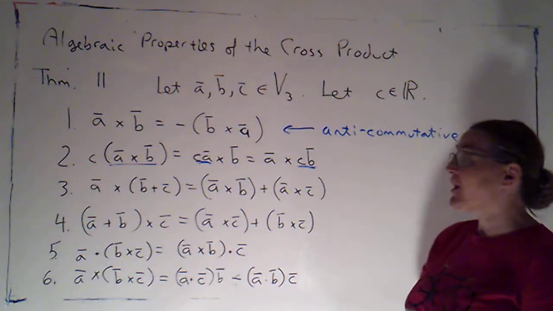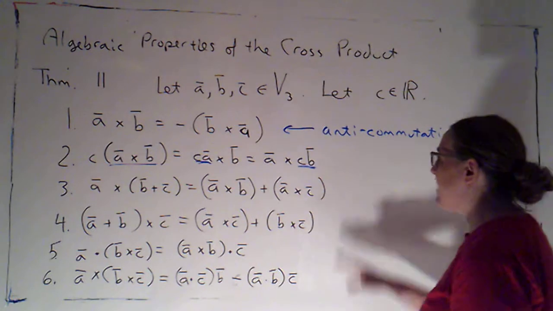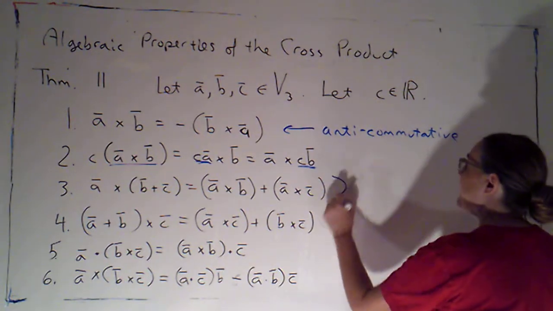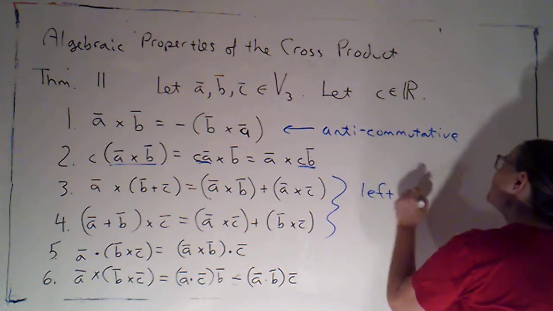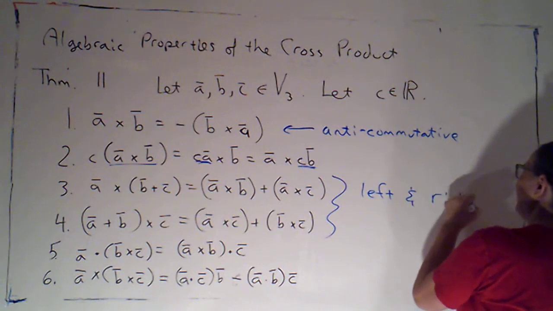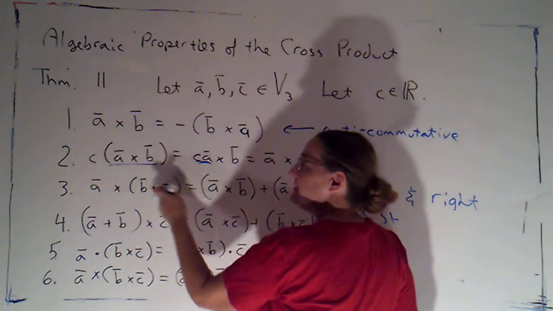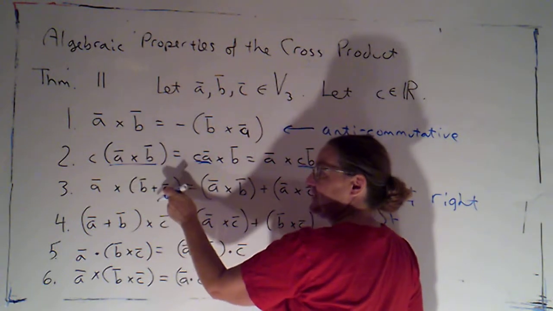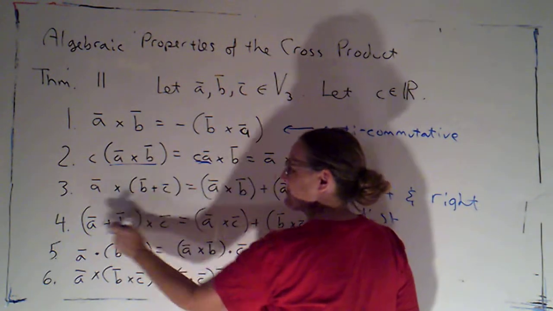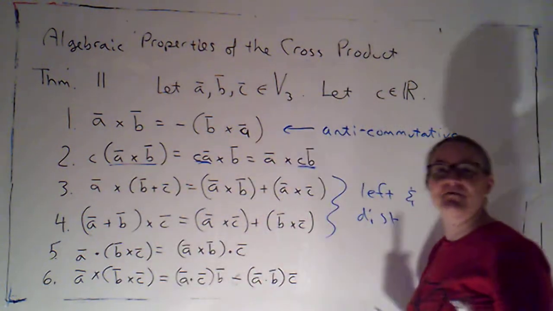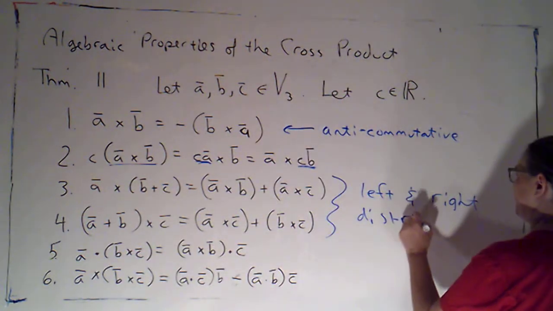But since the cross product isn't commutative, we have to have basically both a left and right distributive property. So the cross product distributes over vector addition when vector addition is the right factor, and it distributes over vector addition when vector addition is the left factor.